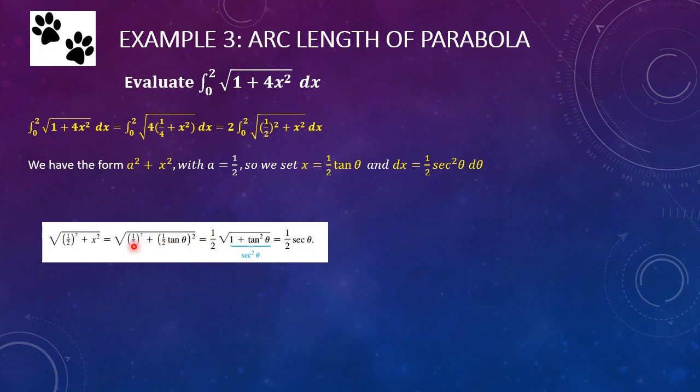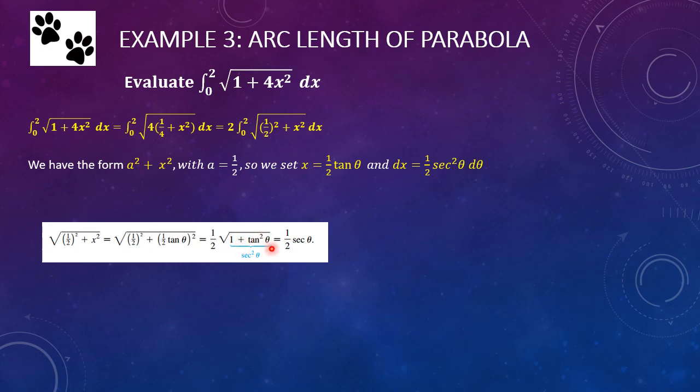If we factor out that 1/4, we get 1/4 times the quantity of 1 plus tangent squared, all inside the radical. Well, the square root of 1/4 is the square root of 1 over the square root of 4, which is 1 over 2, which is what you see outside the radical here. So we get 1/2 times the square root of 1 plus tangent squared.